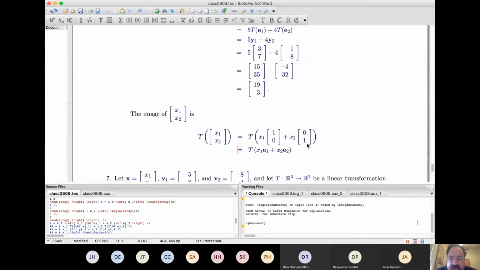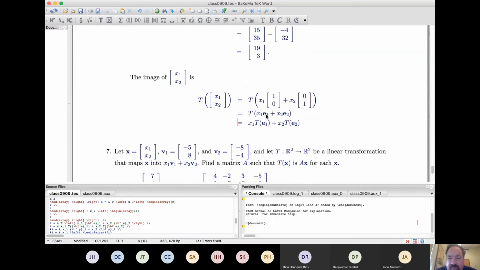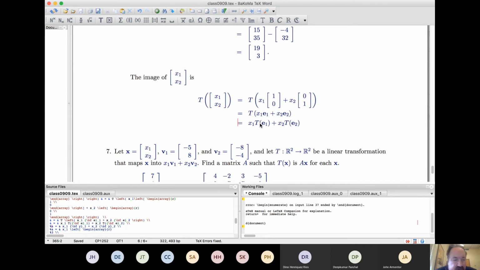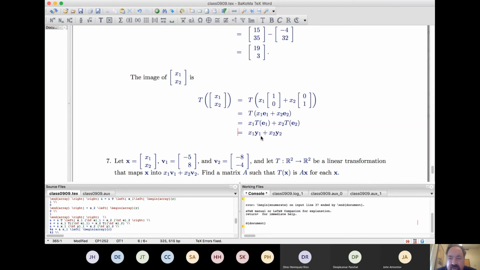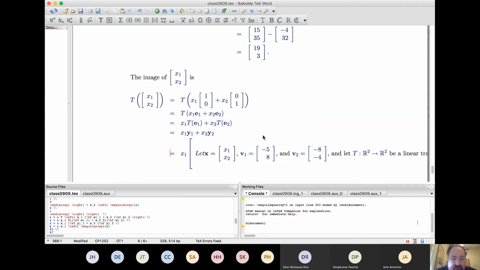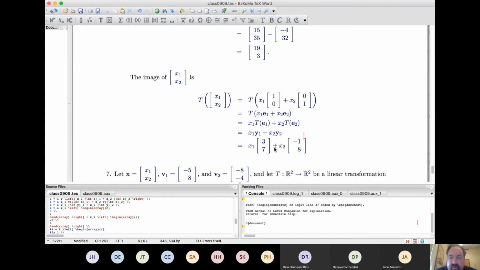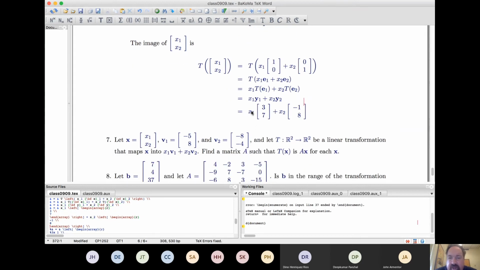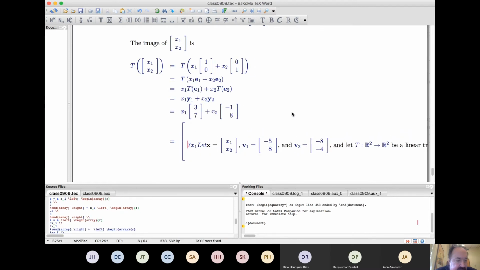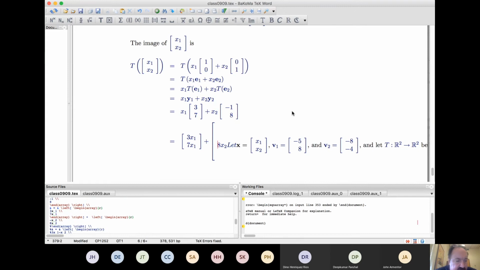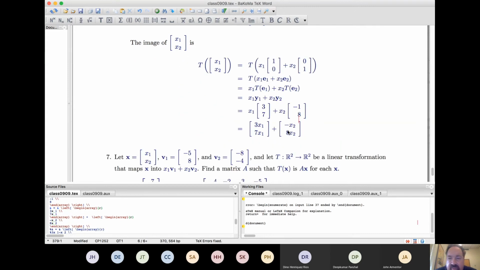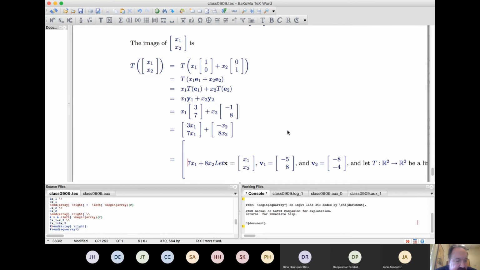And then again, I can use the properties of a linear transformation where I break this up into separate terms, T applied to each one, pull out the scaling factors, x1 and x2, and then I fill in what T of E1 and T of E2 are. That's Y1 and Y2 again. So now I can fill in those vectors. And like before, I can just distribute the x1 to here and x2 to here and come out of it with a single vector.